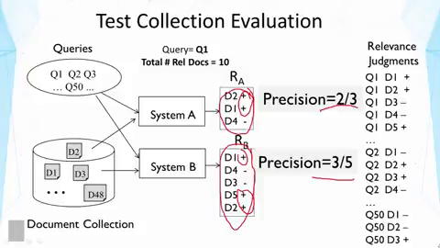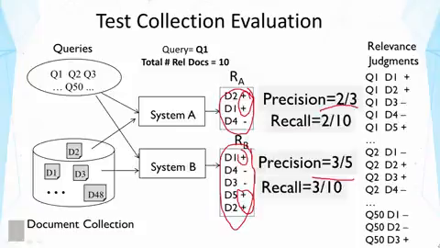But we also talked about system B might be preferred by some other users who like to retrieve as many relevant documents as possible. So in that case, we'll have to compare the number of relevant documents they retrieve. And there is another measure called recall. This measures the completeness of coverage of relevant documents in your retrieved result.